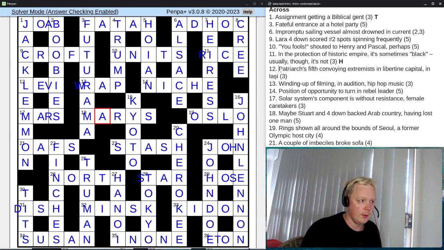Count the number of letters to this V here: 5, 10, 15, 16, 17, 18, and this is 19. So the 19th letter from the back of the clue: 4, 5, 6, 7, 8, 9, 10, 11, 12, 13, 14, 15, 16, 17, 18, and this would be the 19th, the E.